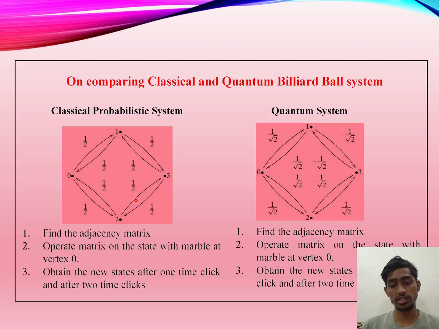And in both cases we obtain a new state after one time click, after two time clicks, and so on. But the major difference between the two is their probability. As we can see, here is a real value and here is a complex value. So the classical probability system works on real values and the quantum system works on complex values.